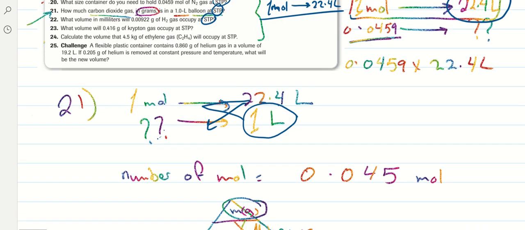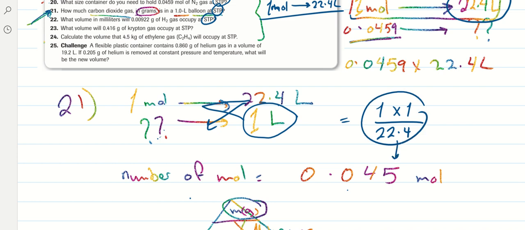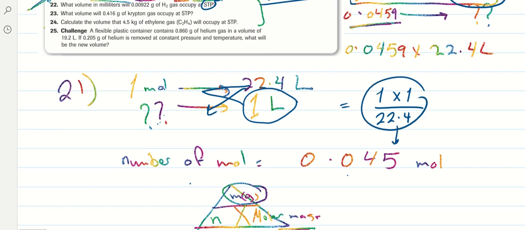This is question number 21, okay? The number of moles will be 0.045, which comes from 1 liter times 1 mole divided by 22.4. So it is 0.045 mole.